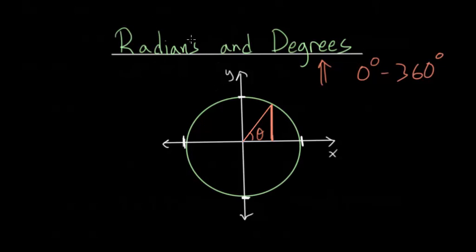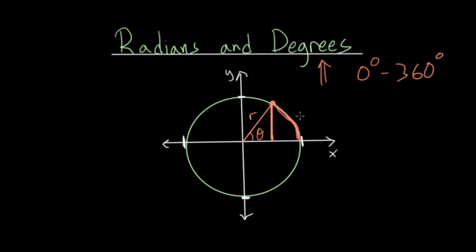You may guess from just looking at the word radians that it's going to involve the radius. If we call the radius of the circle r, then radians, instead of looking at this angle in degrees, are going to ask, what is the length of this arc of the circle here? We can measure this angle in terms of how far along the arc of the circle our point is.